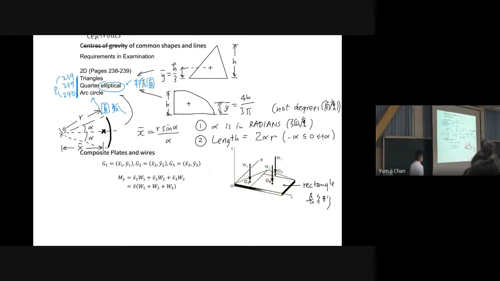From the equations above and from what you know, we can determine the centroids of these three areas. What we want to determine is the centroid of the total area, X bar, Y bar. We want to determine the centroid of the whole area.